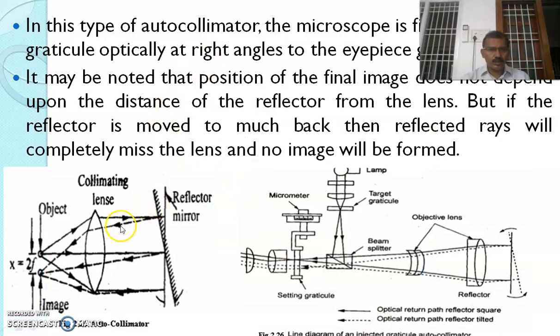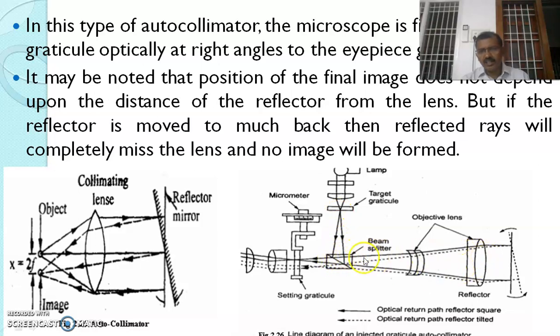This diagram is figure A, and in figure B it is once again shown. There is a lamp with monochromatic light, and a target graticule. These two are lenses, and the light is made to hit the target graticule and reaches a beam splitter.